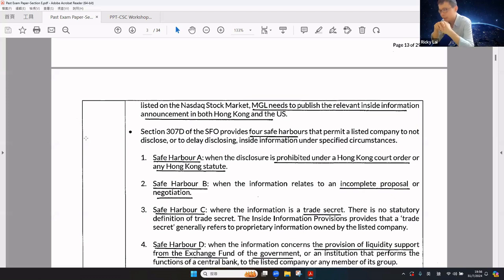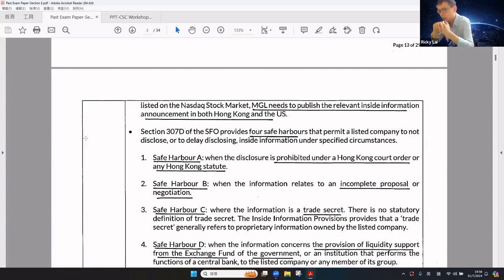Okay, safe harbor B is the most common and popular one. That is when the information relates to an incomplete proposal or negotiation. Safe harbor C, where the information is a trade secret. There is no legal definition of trade secret.